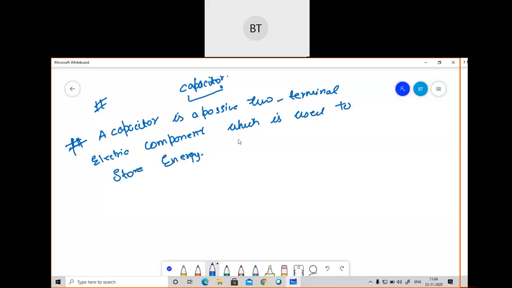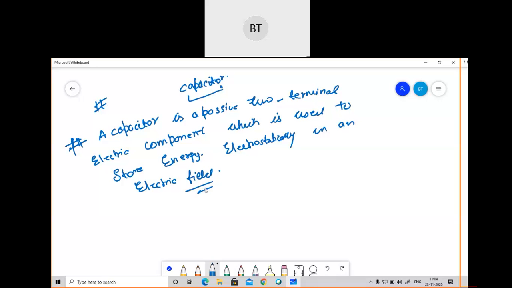Basically, it will store energy electrostatically in an electric field. So the main work of the capacitor is to store the energy in the electric field.